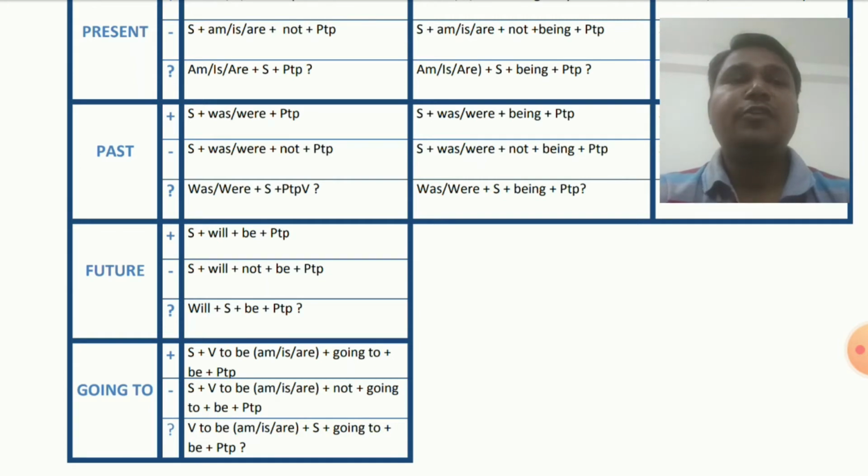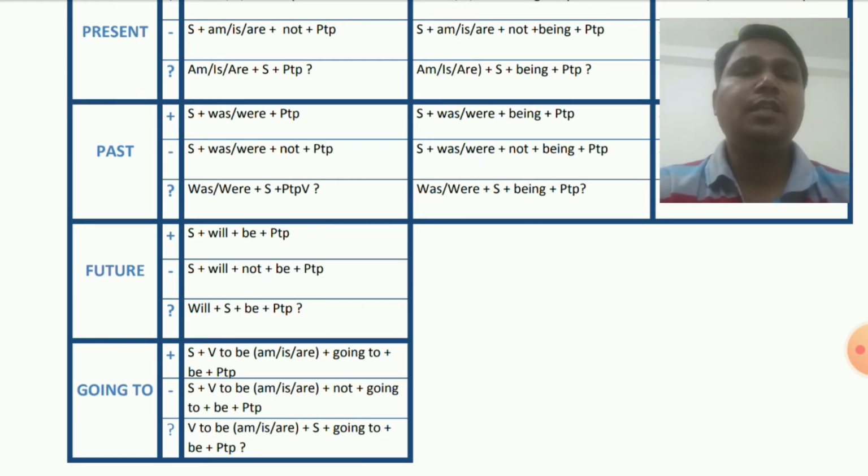Here, as I have already said, future perfect tense is not mentioned, but I am telling you the formation of the same. For affirmative, you have to use the format: subject plus will or shall plus have plus been, B-E-E-N, been plus past participle.